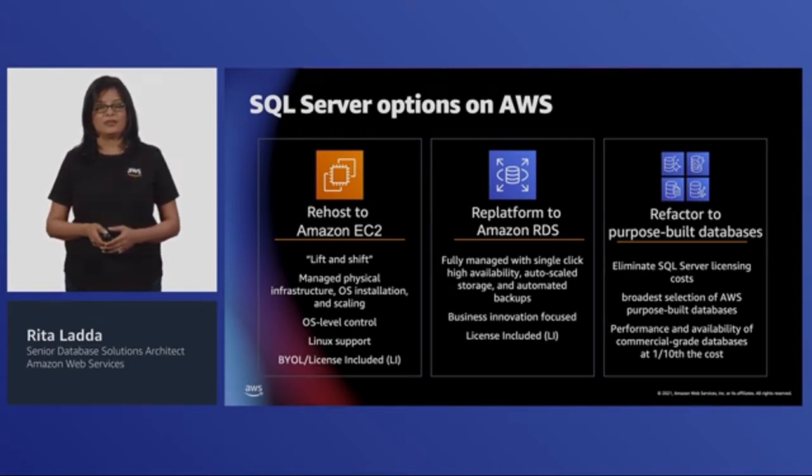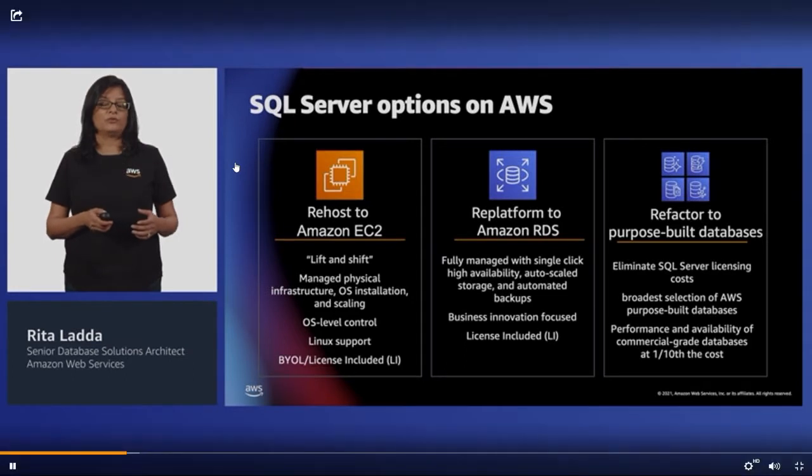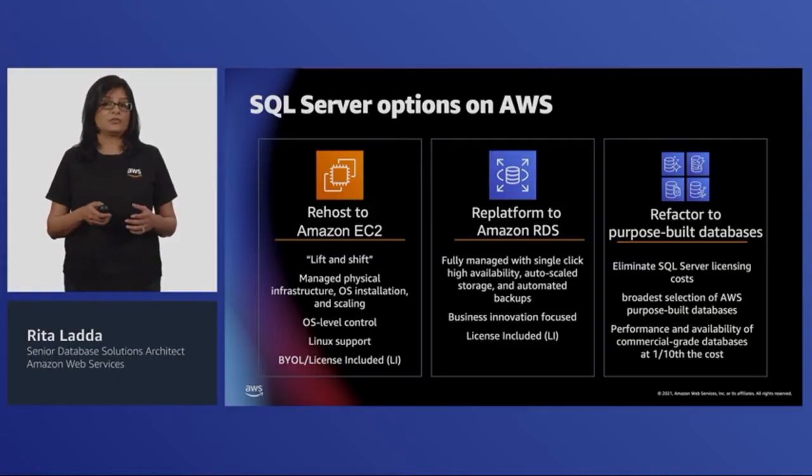Moving to cloud-native, open-source compatible relational database like Amazon Aurora eliminates SQL Server licensing costs, at the same time providing performance and availability of commercial-grade database. Migrating to cloud is a journey.